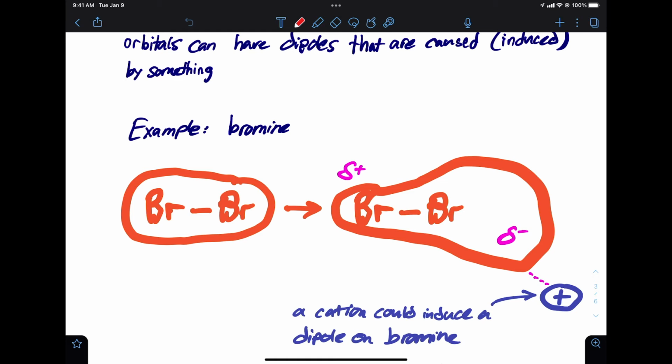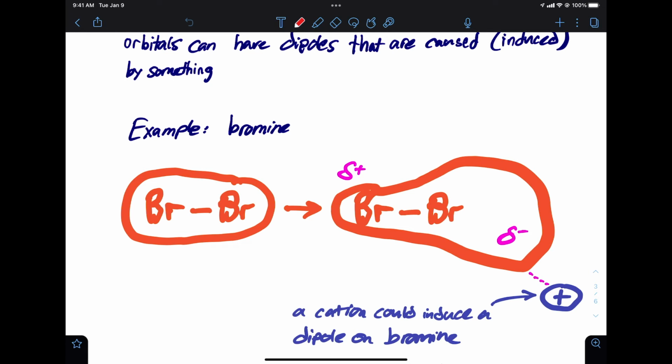And then we bring into proximity of it, let's say a cation. Okay, we bring a cation near the bromine molecule. What's going to happen to the electron distribution around bromine? Not all of it, but a lot of that electron distribution is going to be drawn towards the cation.